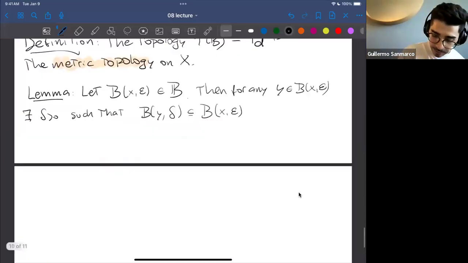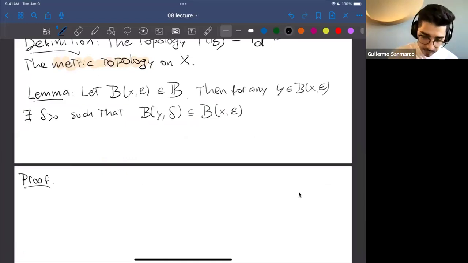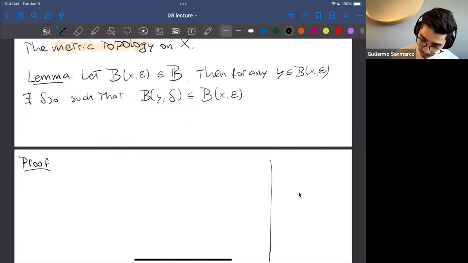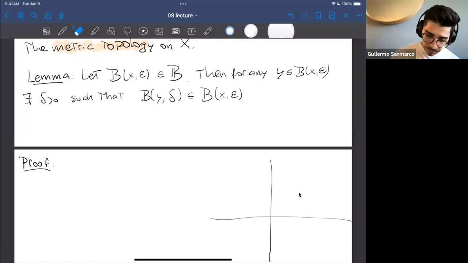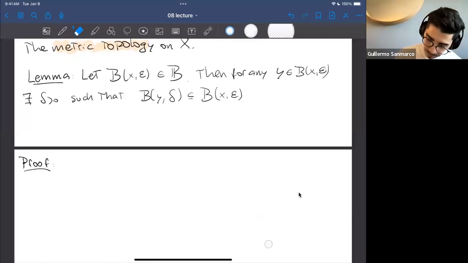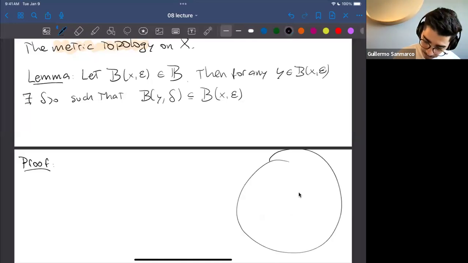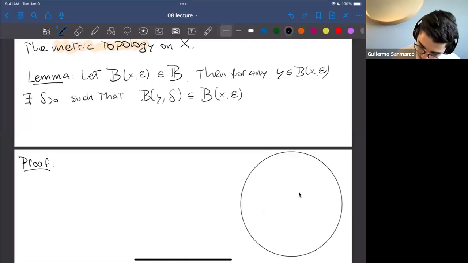So what's going on here, the proof for this is, let's try to make a drawing. I should try to make it sufficiently big so that we can see what's going on. We have an open ball. That should be our x, and this should be our epsilon, the radius.